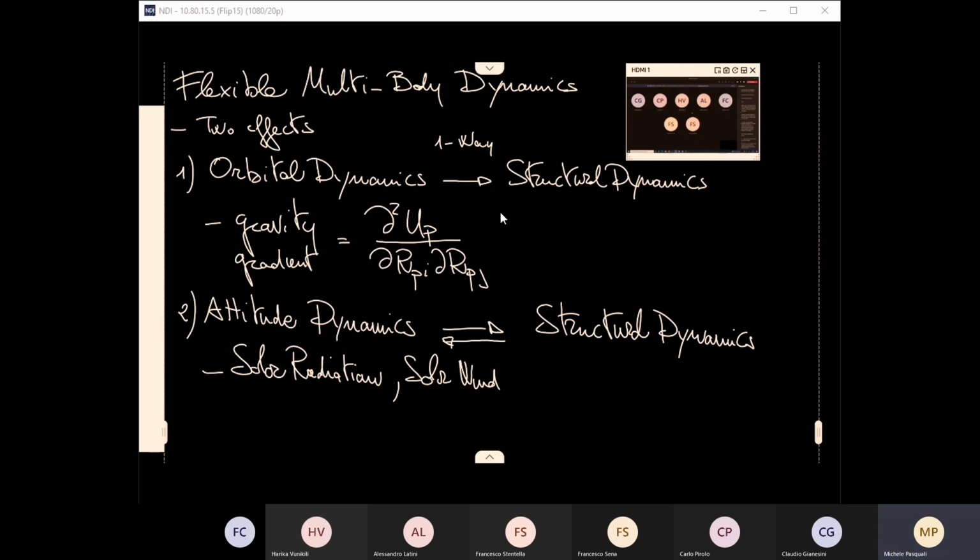Because the shape is changed due to thermal effects. And since the shape is changed, you can also have a resulting change in the inertial properties of the structure. And if the inertial properties of the structure change, then you will have to counter this effect for attitude dynamics control.